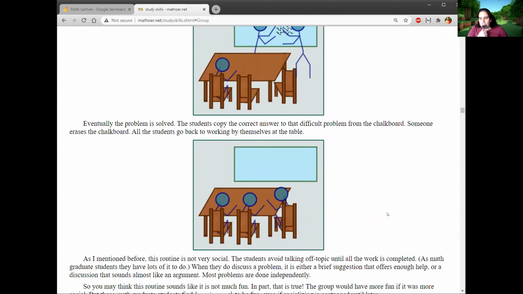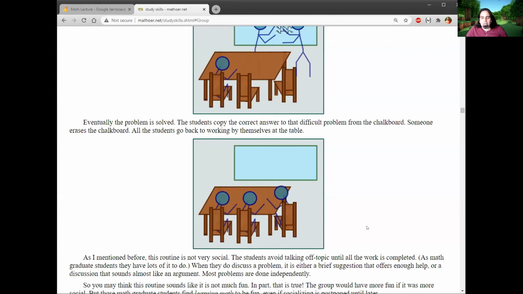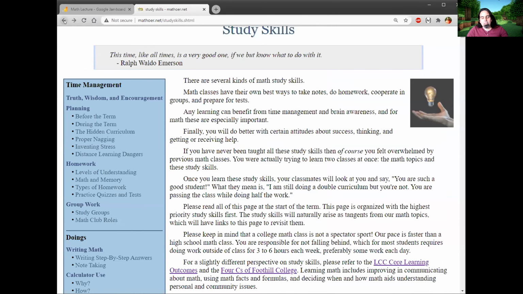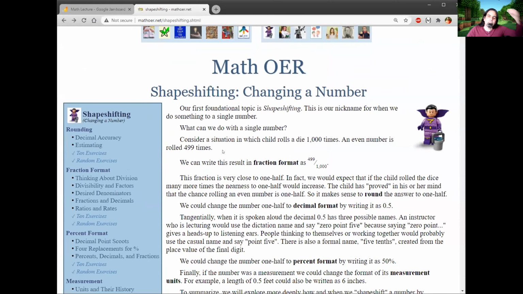So doing math in groups is much more efficient, and you are not in grad school, so you can actually talk about other things too. It's not like you have to be only focused on math. But I want you to be working in study groups as much as you can. Any homework you're doing all by yourself, you are kind of doing it wrong.